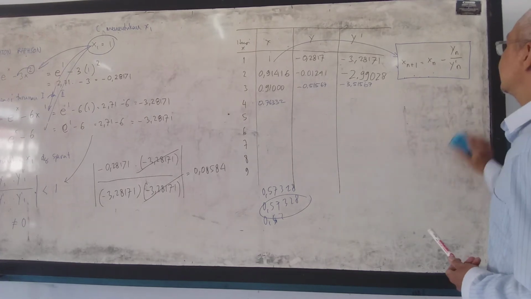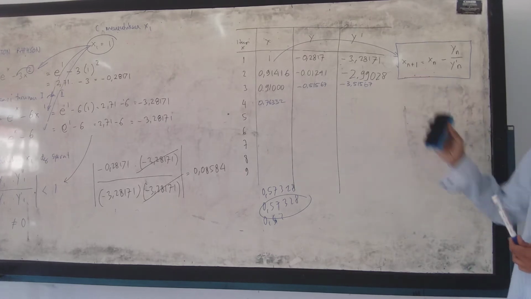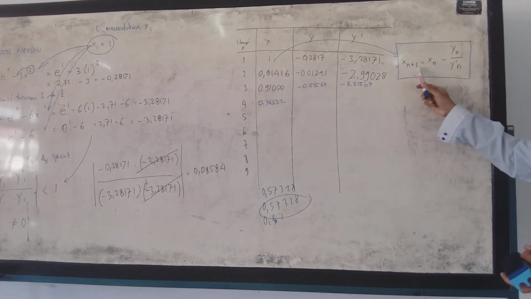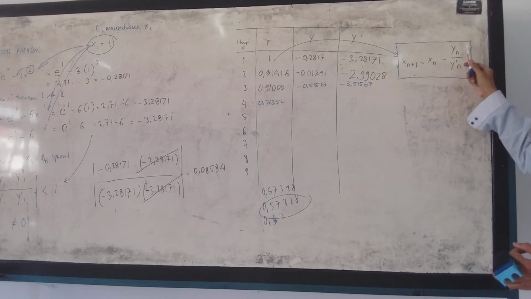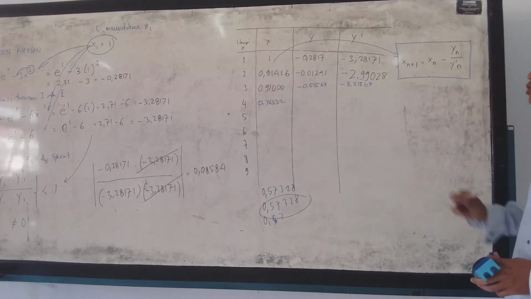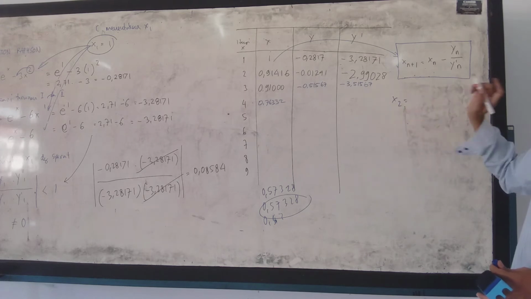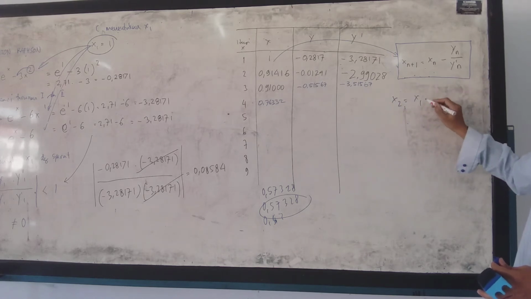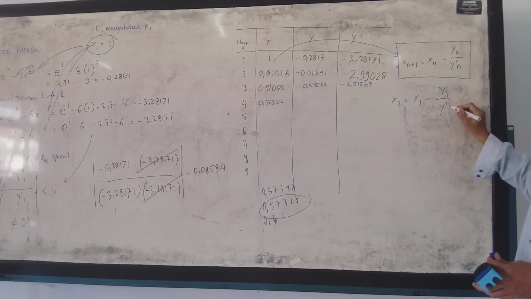So how do we find x2? It is very easy. We will use this equation: xn plus 1 equals xn minus yn per y'(xn). For example, for finding x2, we use x1 minus y1 per y'(xn 1).